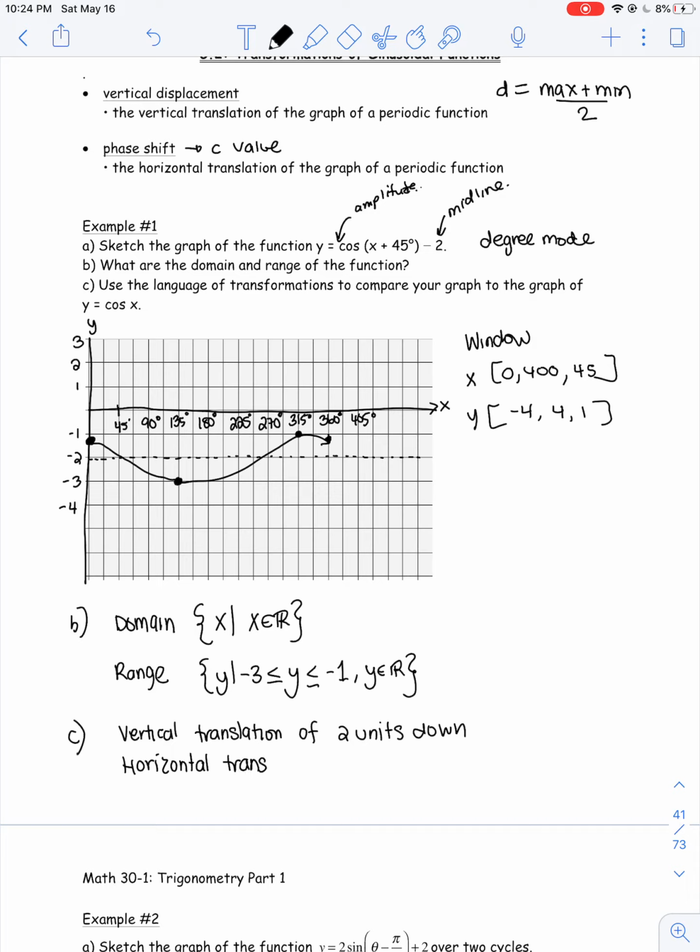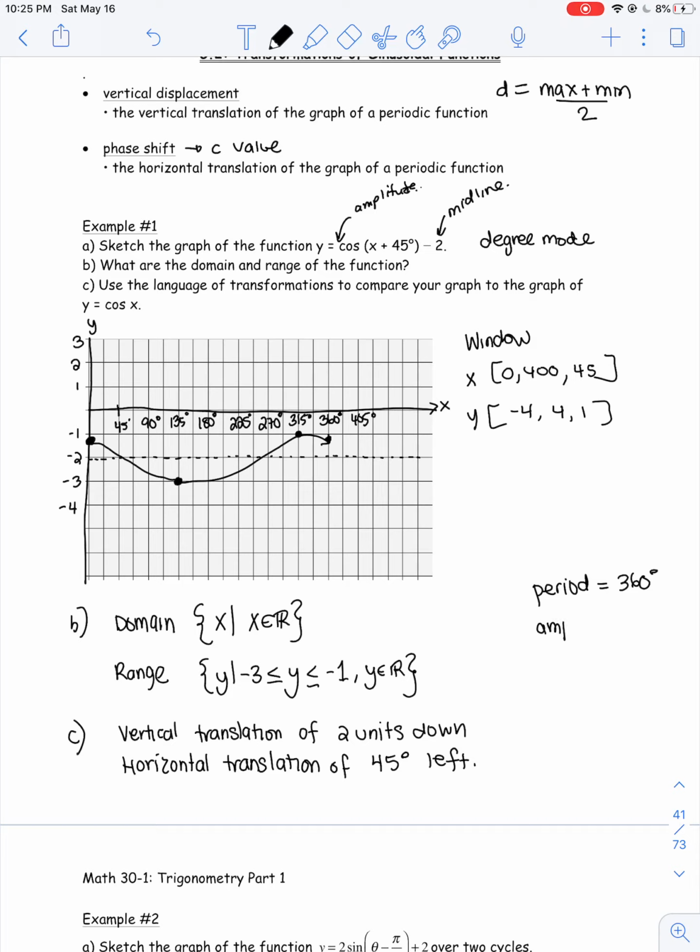So that's our phase shift. And so that's going to be 45 degrees to the left. Now, other pieces of information that are usually helpful would be the period. So we're going to just write that the period is equal to 360 degrees, because there is no horizontal stretch, so there's no change in the period.